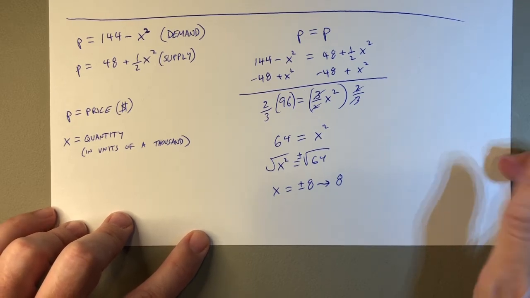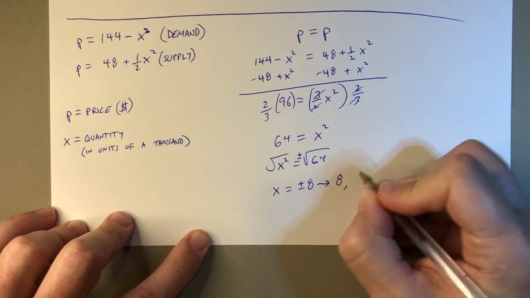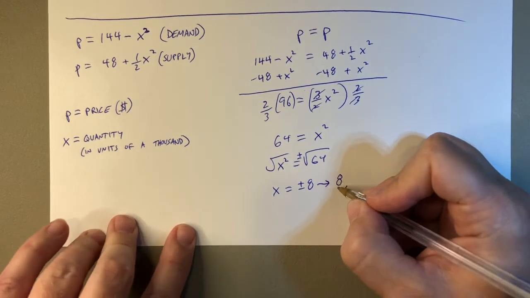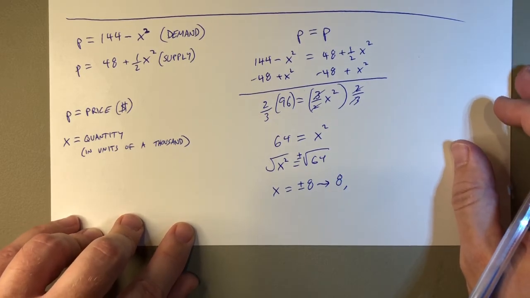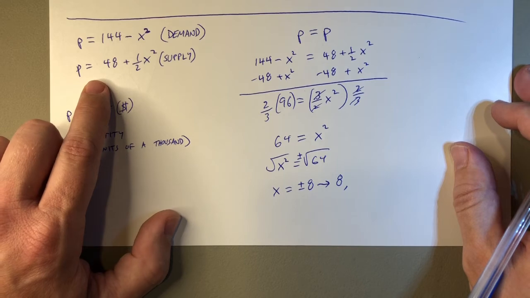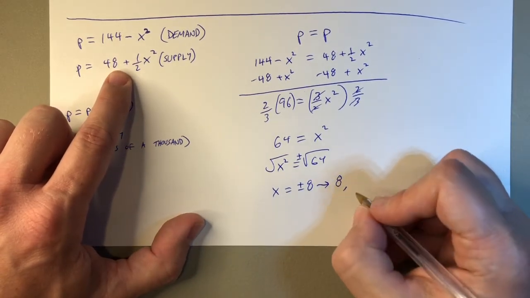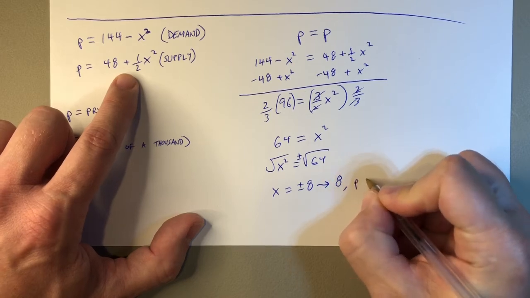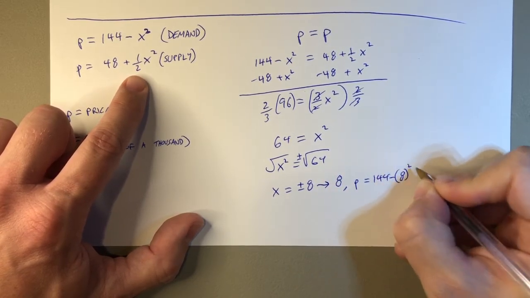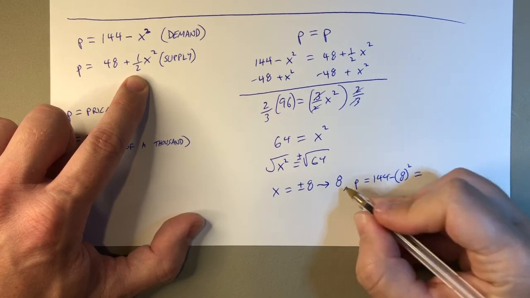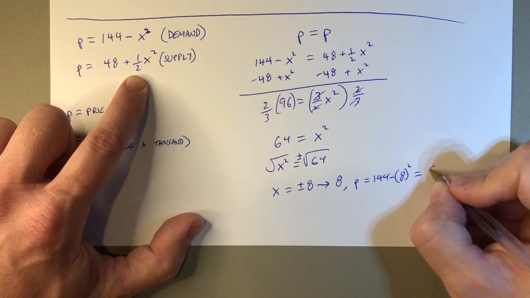If X is 8, how could you figure out the corresponding P-value, which is price? Plug it back into either one of the original functions. Let's use P equals 144 minus 8 squared. I replace X with an 8, and you get 144 minus 64, which is 80.